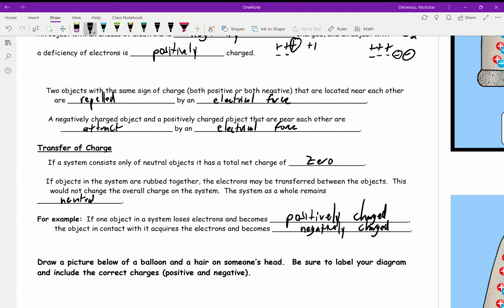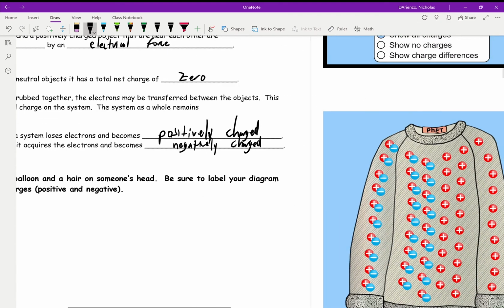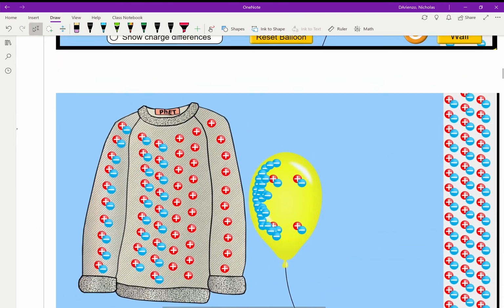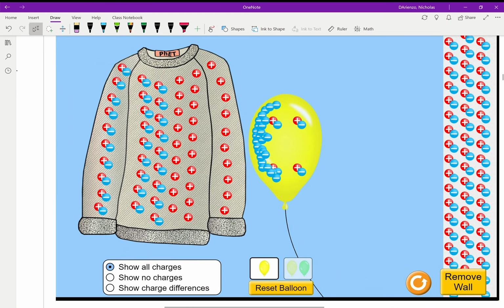We have a positively charged object and a negatively charged object. So we've gone ahead and rubbed the balloon on the sweater here. We can evaluate the difference in charge. Each of these protons had an electron that has now been lost to the balloon. So the balloon had a greater desire to take the electrons from the sweater, and now we can consider the overall charge on the balloon.